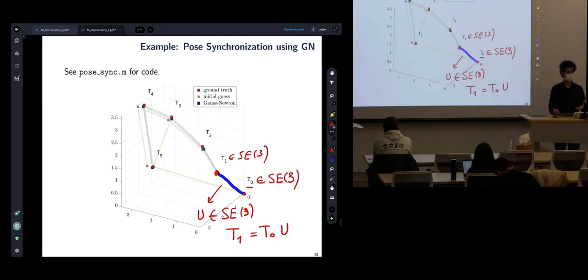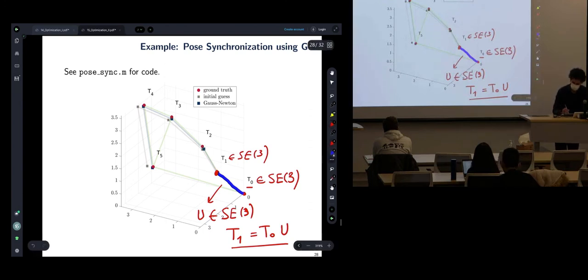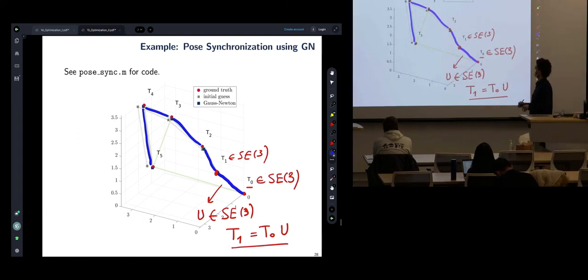You could consider noise as well. But this defines a model that connects these two nodes on the graph. Similarly, we have the same condition here, here, here, until T5. Now, these are consecutive links, edges in the graph. They usually come from tracking or odometry.